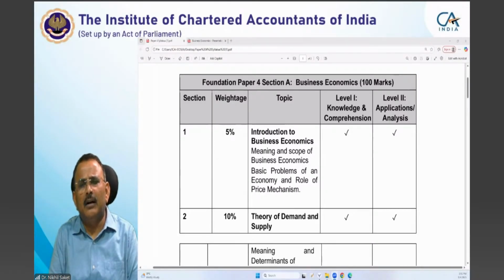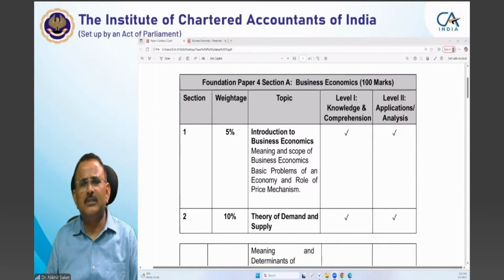Now, the second important thing is that from the very beginning, we have been telling the students that there is no perfect strategy. That varies from student to student. Some students prepare their notes, some don't.